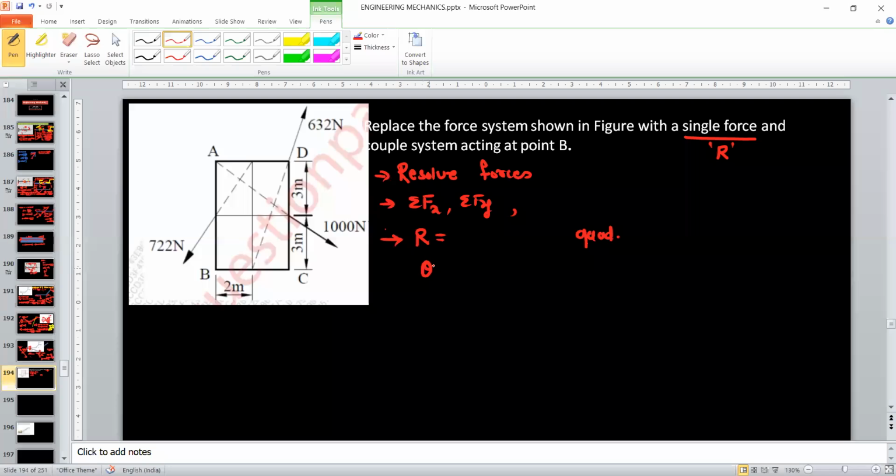After that, find out the angle theta. Okay, so the first step is to resolve the forces, but in the diagram, the angle is not given. Okay, but some dimensions are given. This is 2 meter, this is 3 meter, and this is 3 meter. Okay, so from these dimensions, you can find out the angle. So just observe how to find out the angle.